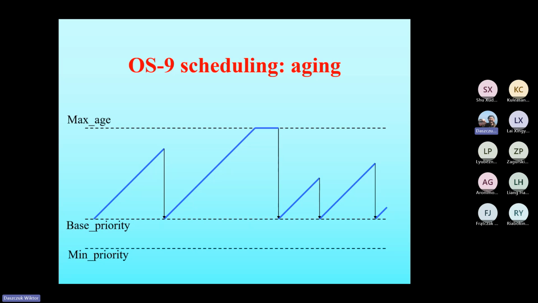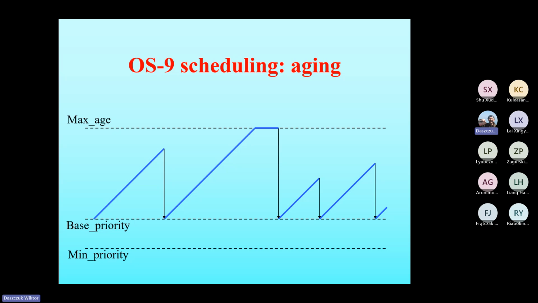They are system variables available to the administrator. He can change their values, but typically they are not touched. They just define some range of values between min and max, and every process individually has its base priority. It's the property of a process, not of the system.